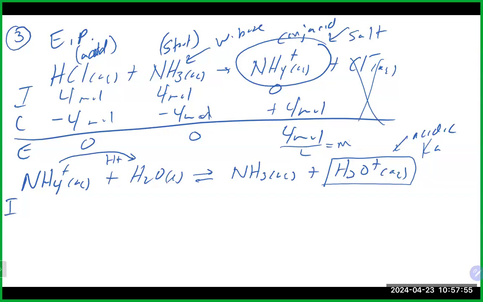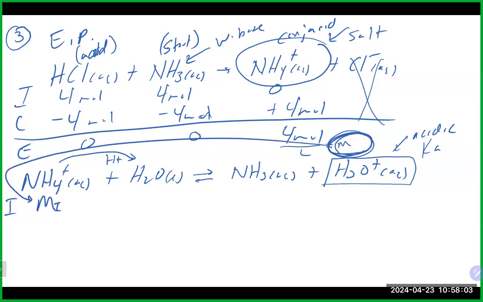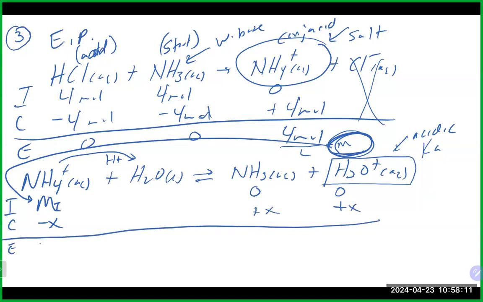Just like in the previous one, whatever our equilibrium concentration of this salt is will become our initial concentration here. This guy will be done with zeros and x's. And as we just talked about, that is going to be a Ka situation.